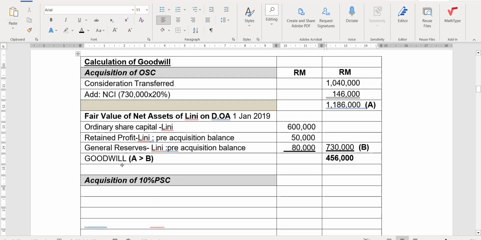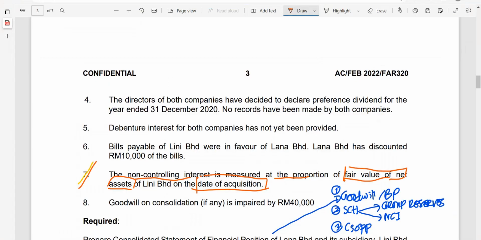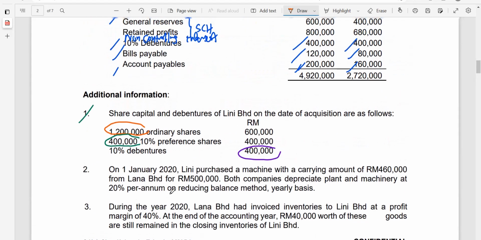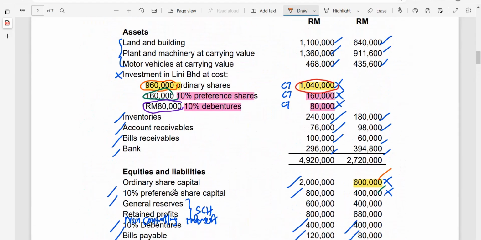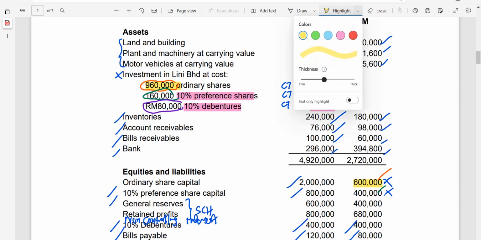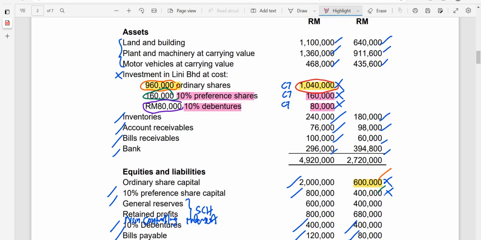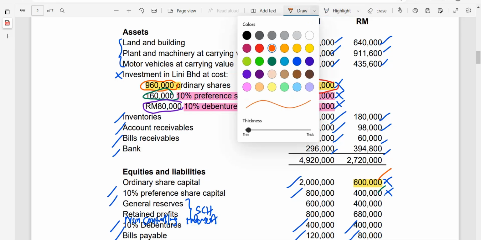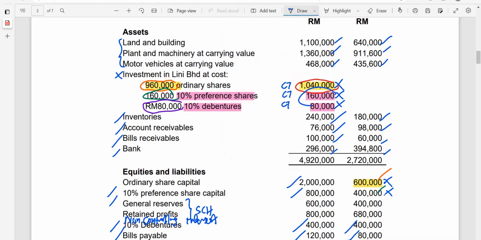We'll repeat the same, with the exception that we're going to take the consideration transferred first. So let's take the consideration transferred for the acquisition of the preference shares. For the acquisition of the preference shares, we're going to take this figure here, 160,000.